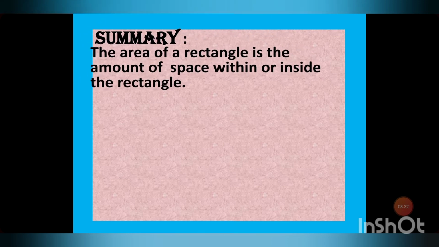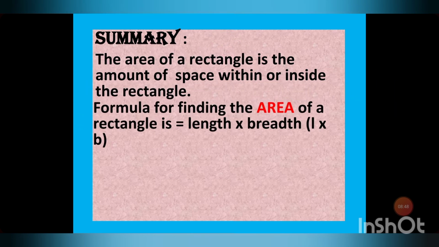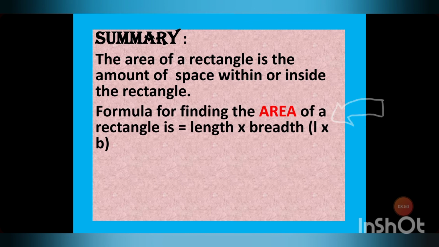Now, here is a summary of what we have learned in today's class. 1, we have learned that the area of a rectangle is the amount of space within or inside the rectangle. We have also learned the formula for finding the area of a rectangle, and that is length times breadth.